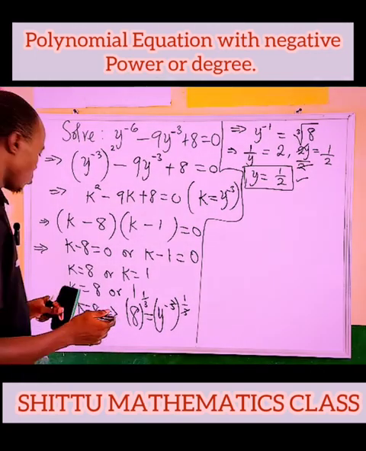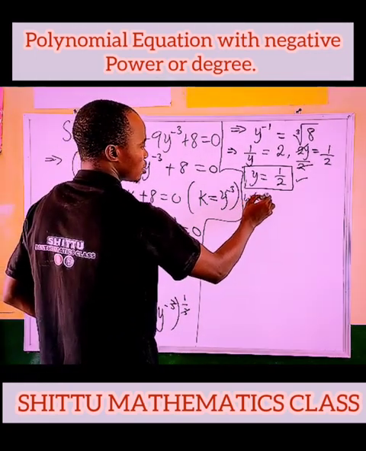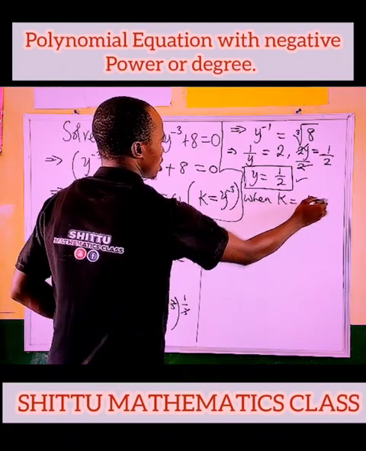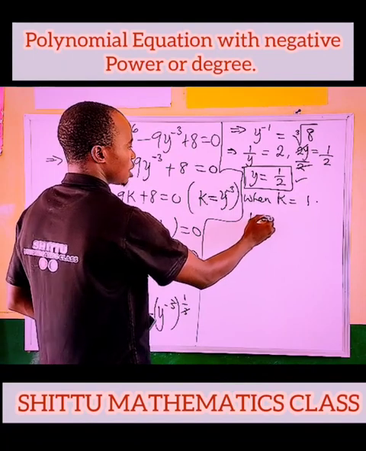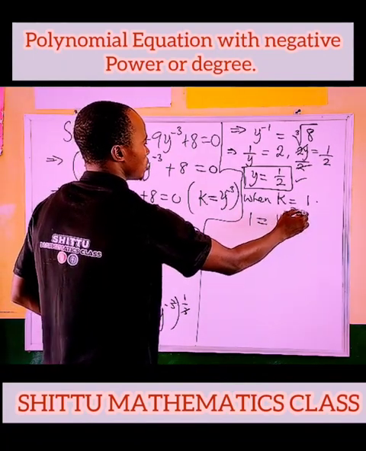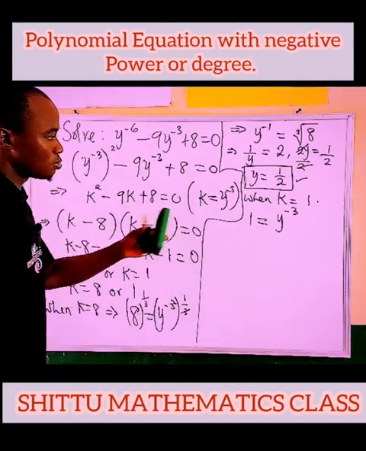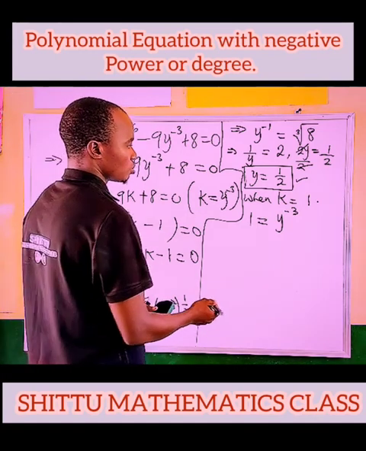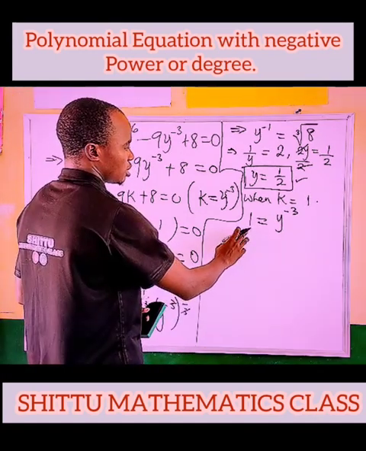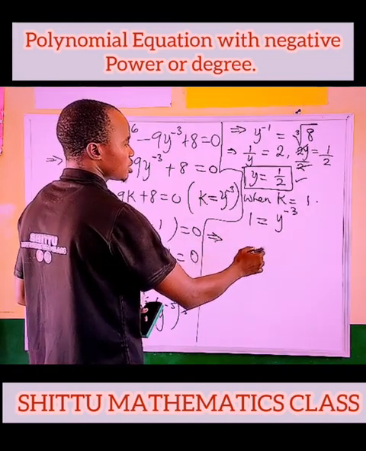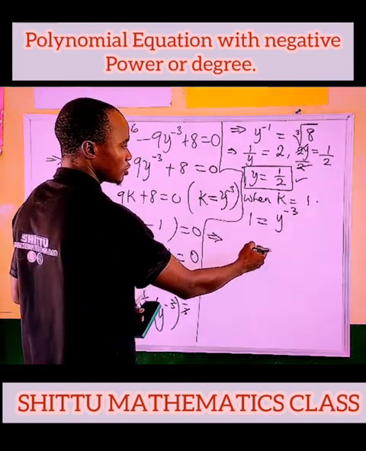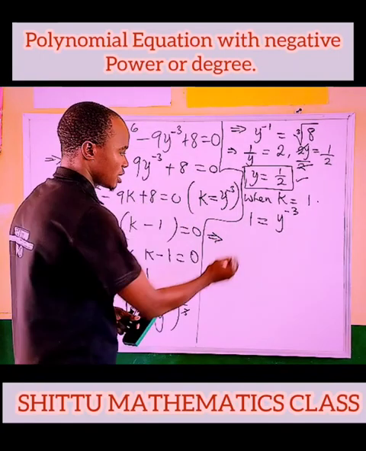Then also when k equals 1, from the substitution, we have 1 equals y to the power minus 3. So now when you have this, what are you going to do? You are going to take the cube root of both sides.